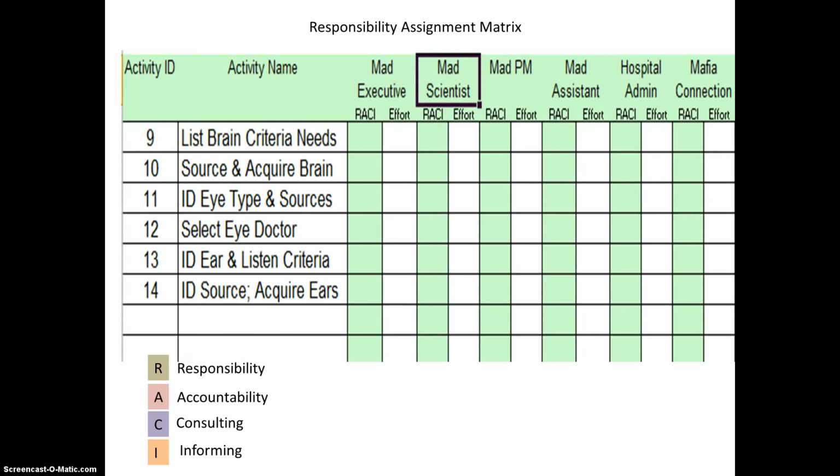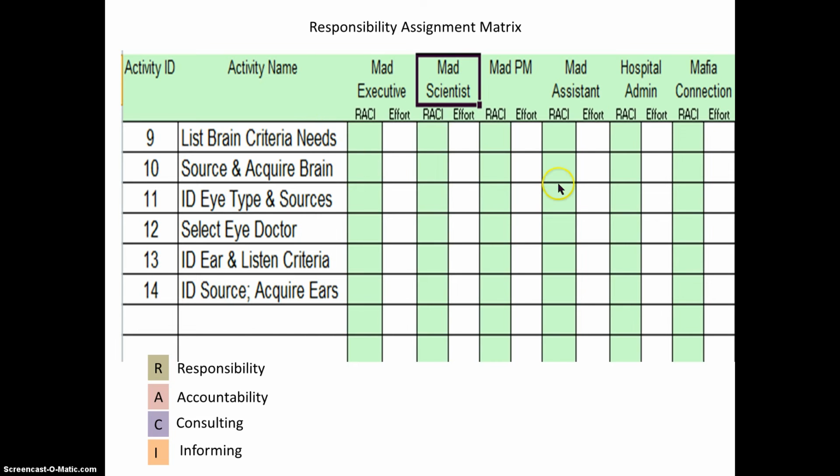So as we move forward, I've set up a responsibility assignment matrix. In the left hand column I've got the activity ID and the activity name, and along the top of the columns we've listed the stakeholders and the roles that they have to play.